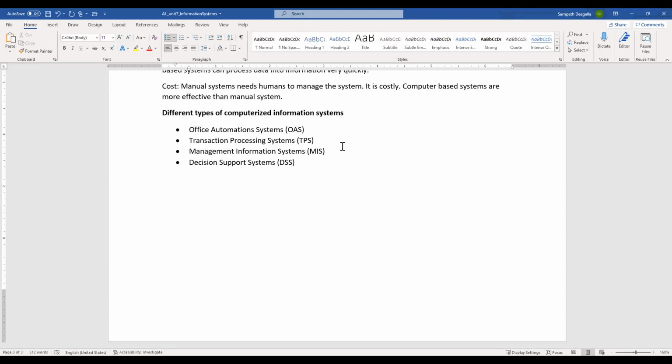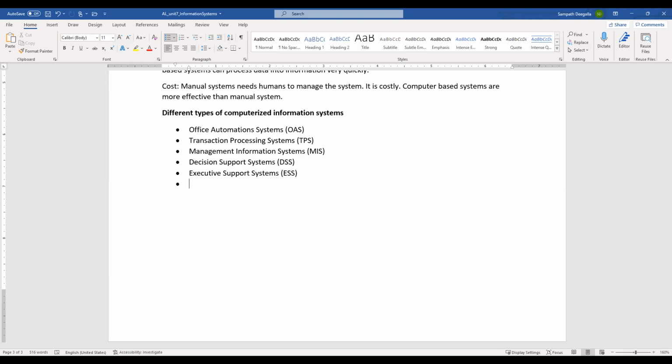Then we have executive support systems, ESS.